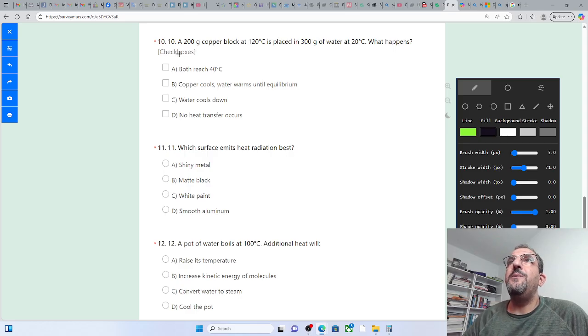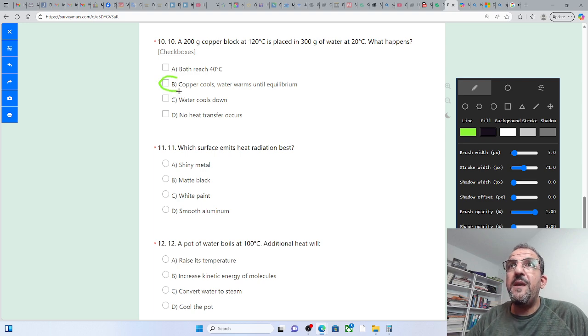A 200 gram copper block at 120 Celsius is placed in 300 grams of water at 20 Celsius. So what happens? A, both reach 40 Celsius; B, copper cools and water warms until equilibrium; C, water cools down; D, no heat transfer occurs. So what do you think, guys?